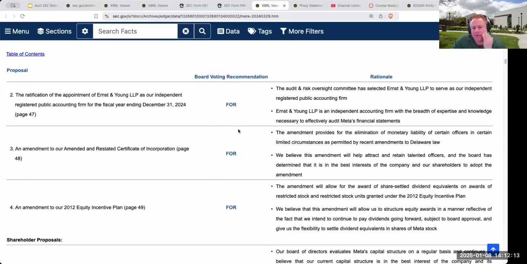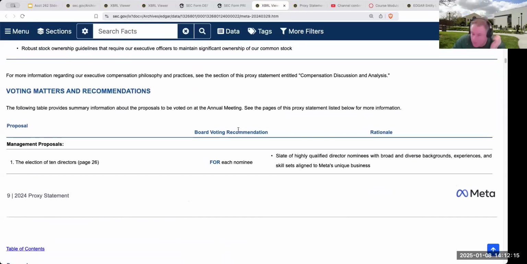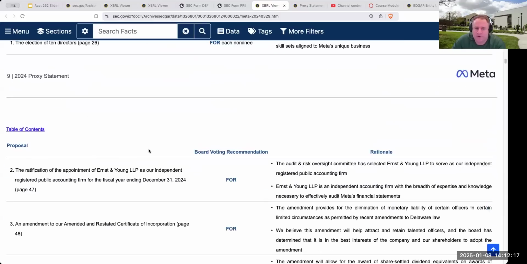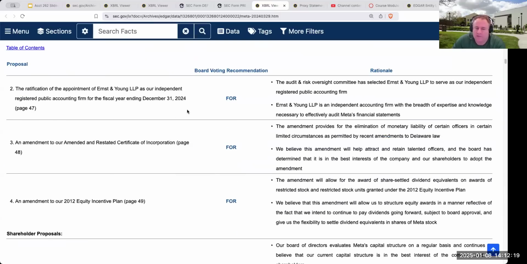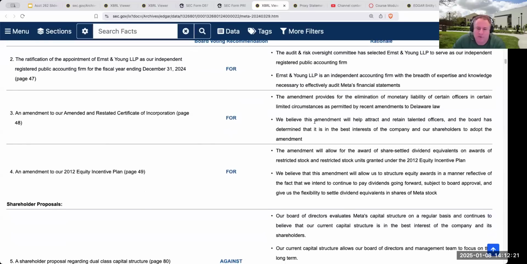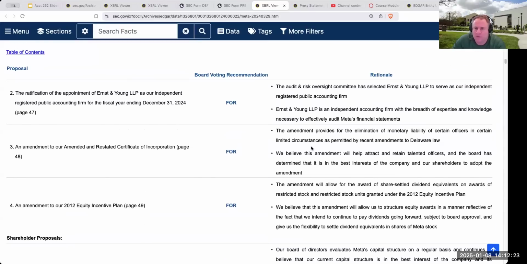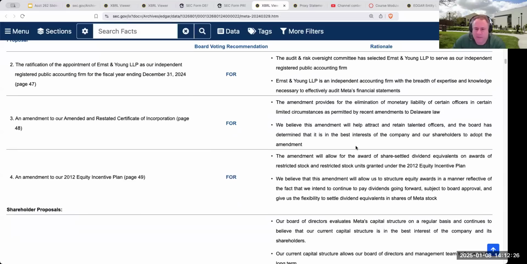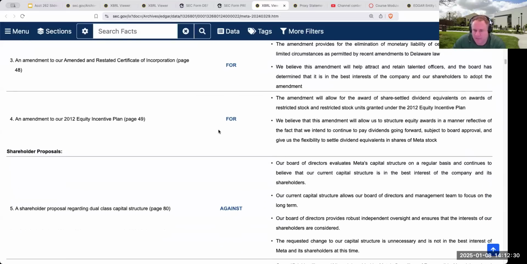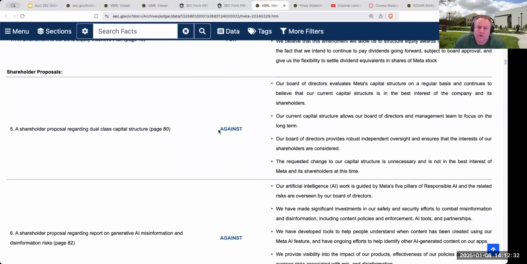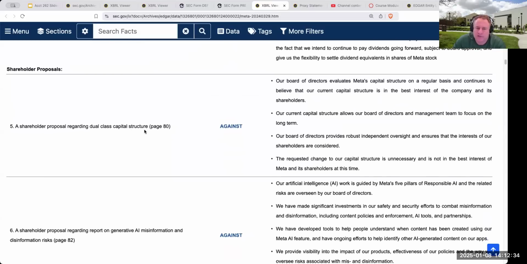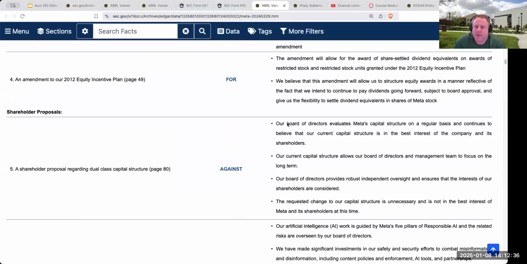So the board would get together and say, okay, well, we recommend that we elect the 10 directors, we ratify EY, we vote for the amendment to limit the monetary liability of officers and directors, amend the executive incentive plan, dual class capital. Okay, so here you go.